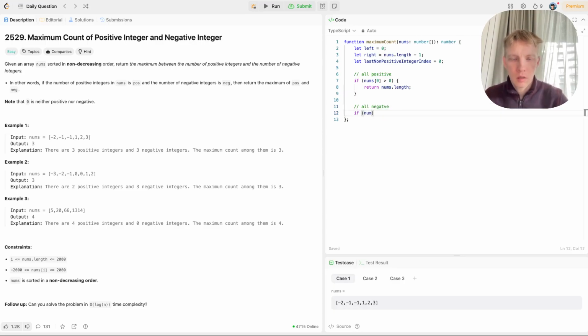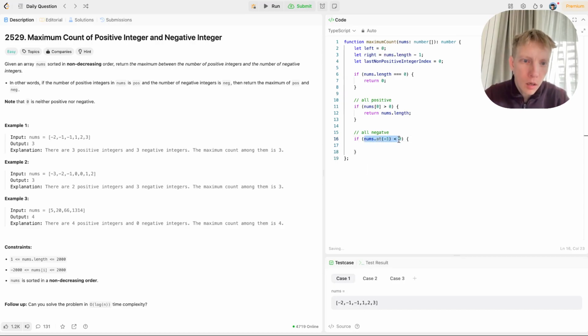If nums length equals 0, return 0. If nums at minus 1 is less than 0, then we also return the length.